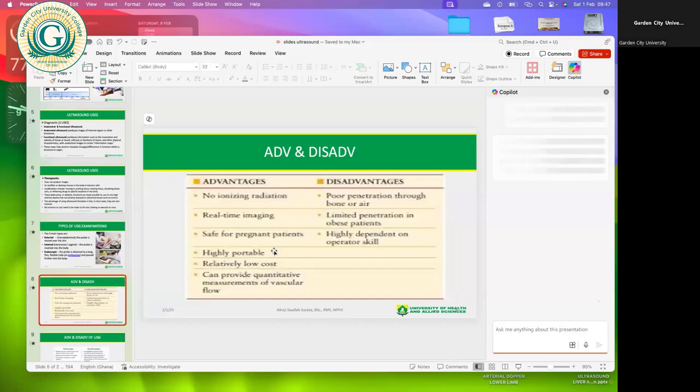So the cost discrepancy is very high. The average MRI may cost you around 1,500 cedis. So comparing MRI to ultrasound, which could be used for pregnant women, we believe that the cost of ultrasound is very, very moderate.